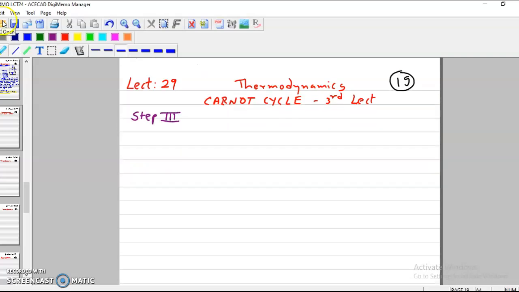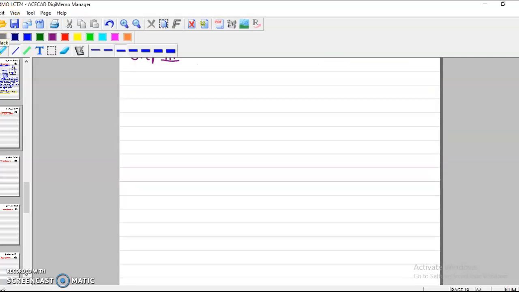So first of all, we'll draw a cylinder and it was at V3 volume.